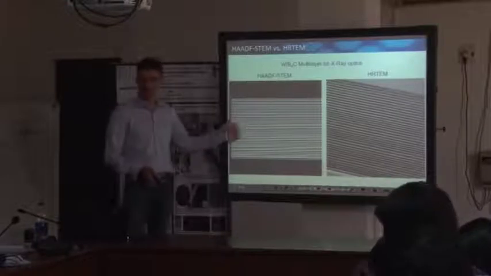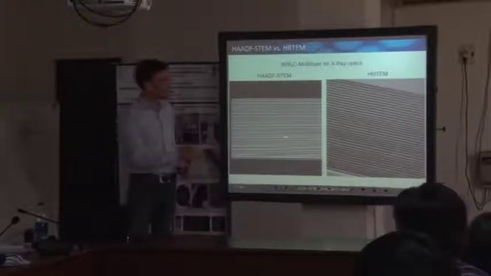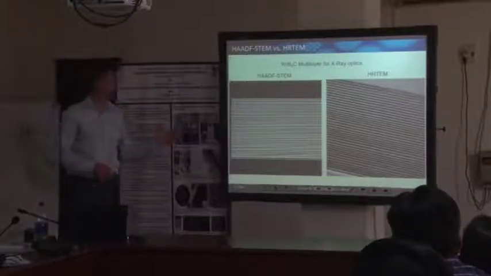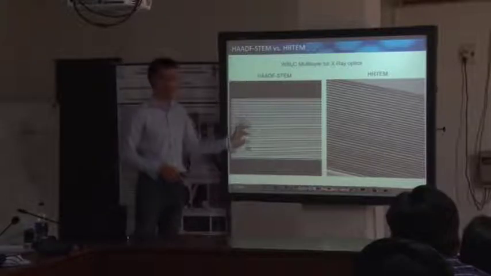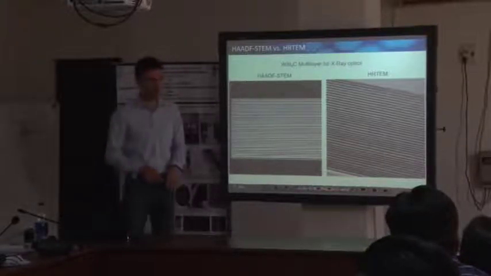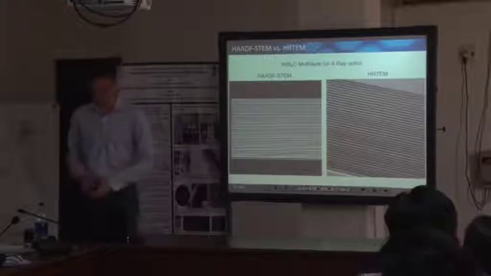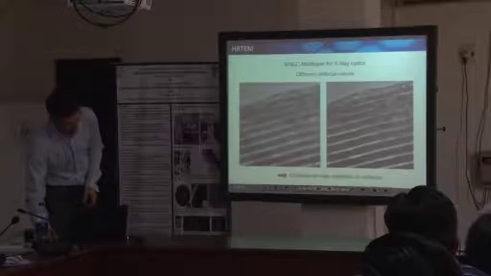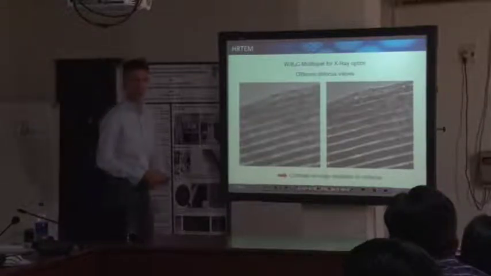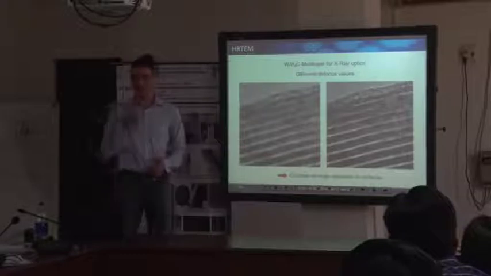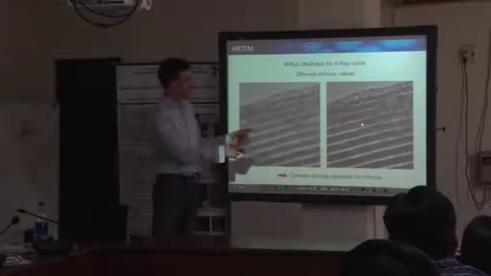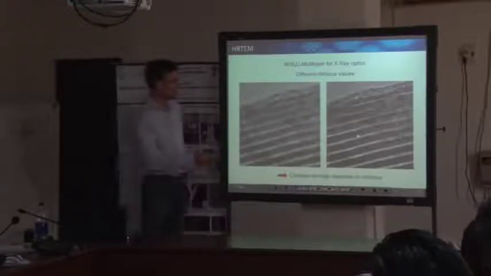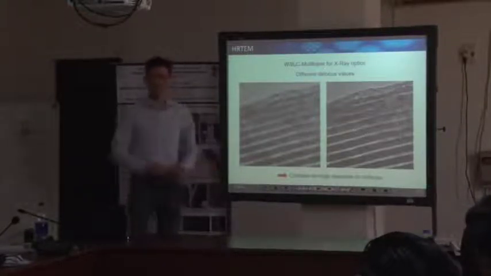Contrast might be a little bit too high in this image here. The reason why I would like to share this is that the question of this project was to measure the spacing of these layers. These are Bragg mirrors for X-ray optics, for a certain wavelength regime. To measure that just by high resolution TEM or conventional TEM might be a little bit challenging, because it depends on your focus, and it's pretty challenging to measure those distances very precisely.